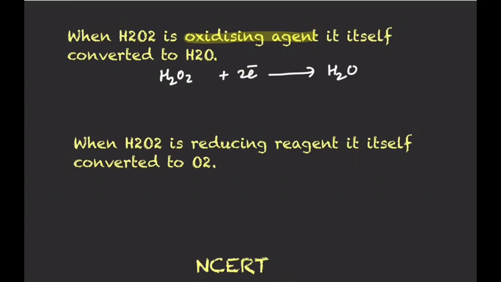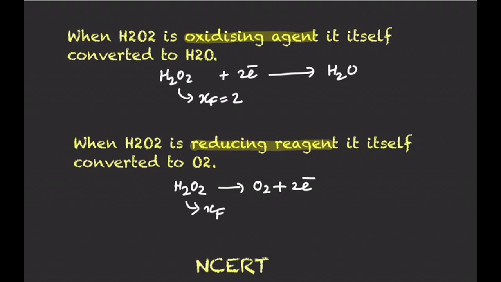So its X factor will be 2, or equivalent weight will be molecular weight divided by 2. Same way, when H2O2 is acting like a reducing agent, it itself is converted into O2. So H2O2 by loss of 2 electrons is converted into O2. So one molecule is losing 2 electrons. So the X factor of H2O2 when it is acting like a reducing agent will be 2.